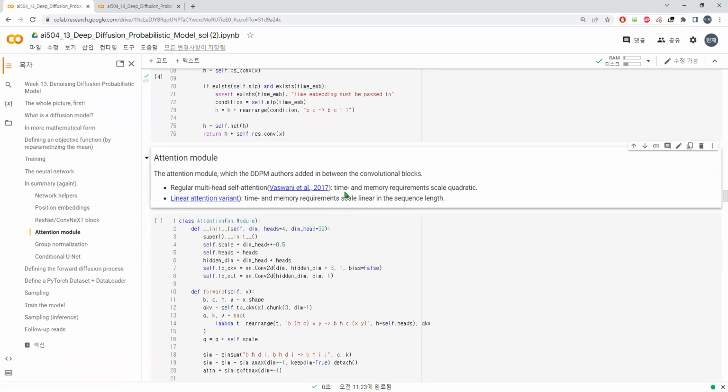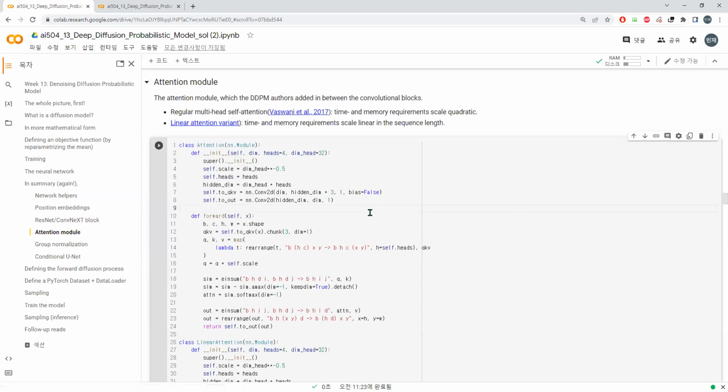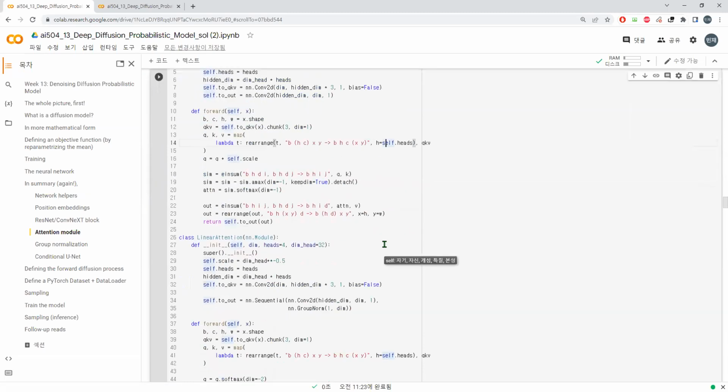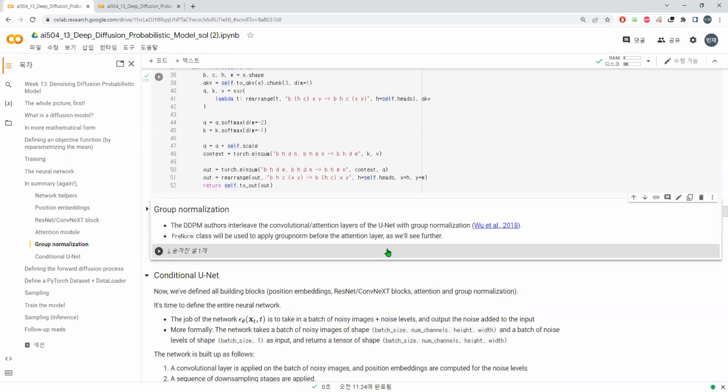The difference is time and memory requirements. The first one has quadratic scale. The second one is a linear scale. It's about the model efficiency, right? But this is not a class for attention. So just run it.